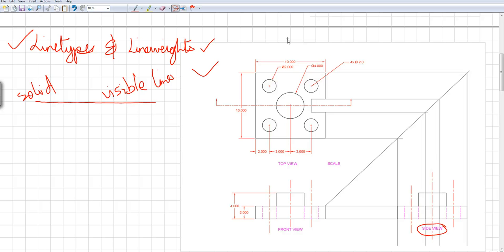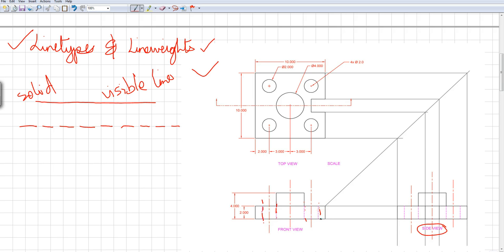Now there's the next one called the hidden line. Now the hidden line stands for lines or objects that are hidden. They are usually denoted by a straight dash line. Now in our example, we have hidden line right here, right here, right here, right here.